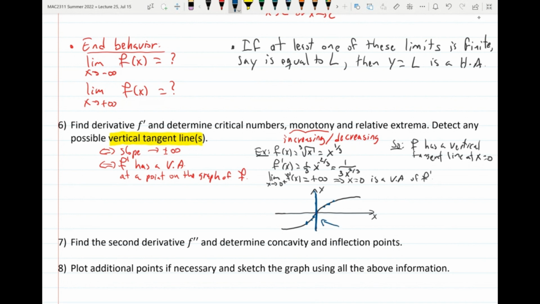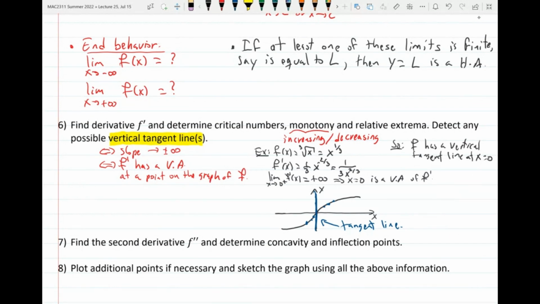So here, this is a tangent line, but it's a vertical one, okay? So you get this type of information. When you're graphing a function, if the function has this sort of shape with an inflection point like this, typically you're going to have a vertical tangent line, okay?